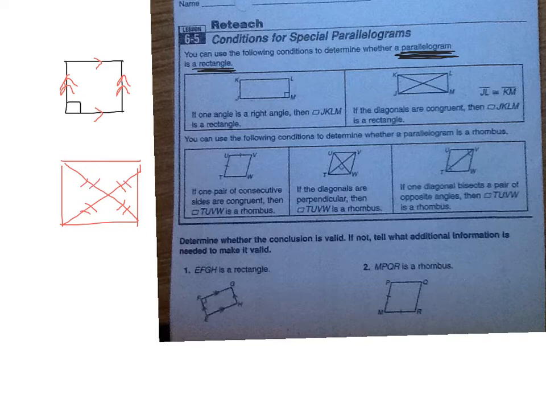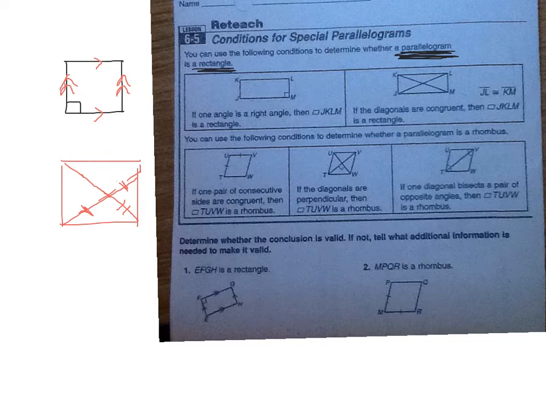I need to have all the pieces being congruent because that's the only way I can say that diagonals are congruent here. Because otherwise, if I didn't have that extra tick mark, if I only have one congruency mark, then I cannot really say that this is a rectangle because I don't have all the pieces like diagonals bisecting each other.